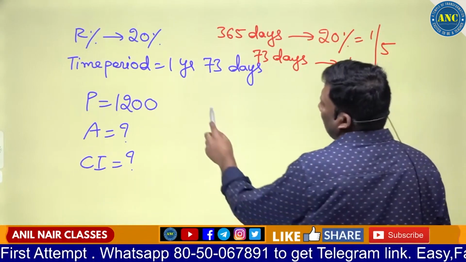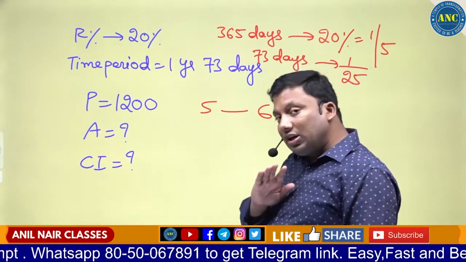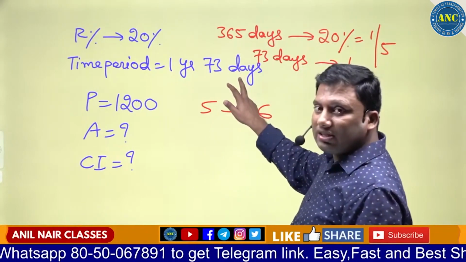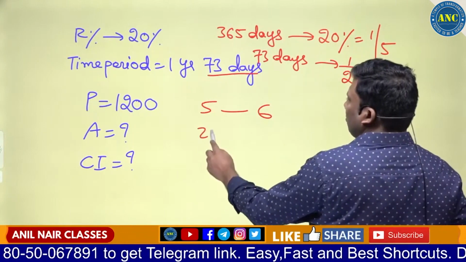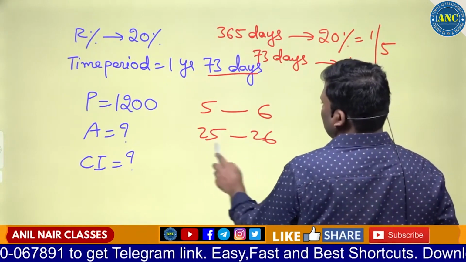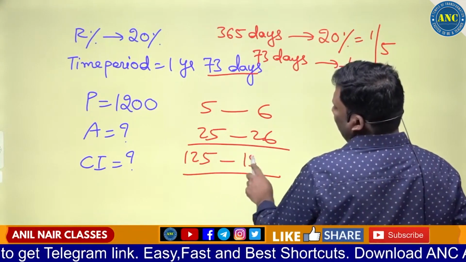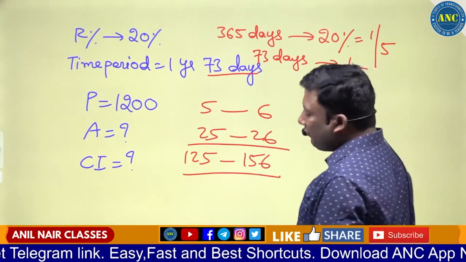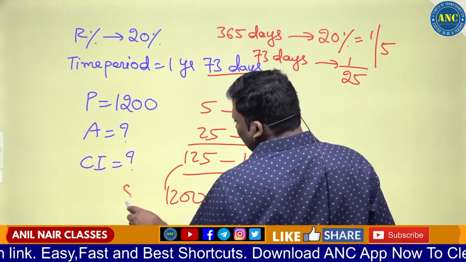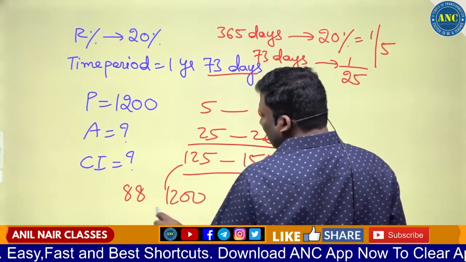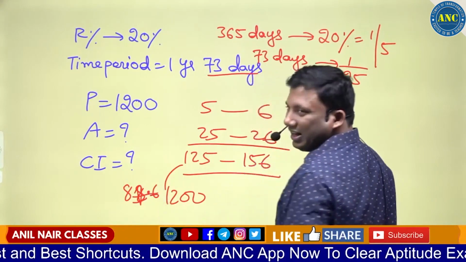First 1 year, 5 is becoming 6. Second year, I don't require 365 days. I require 73 days. It is 25 became 26. 125 became 156. 125 is becoming 1200. 125, 8s are 1000, sorry, 1 point something I will get, 80 something.